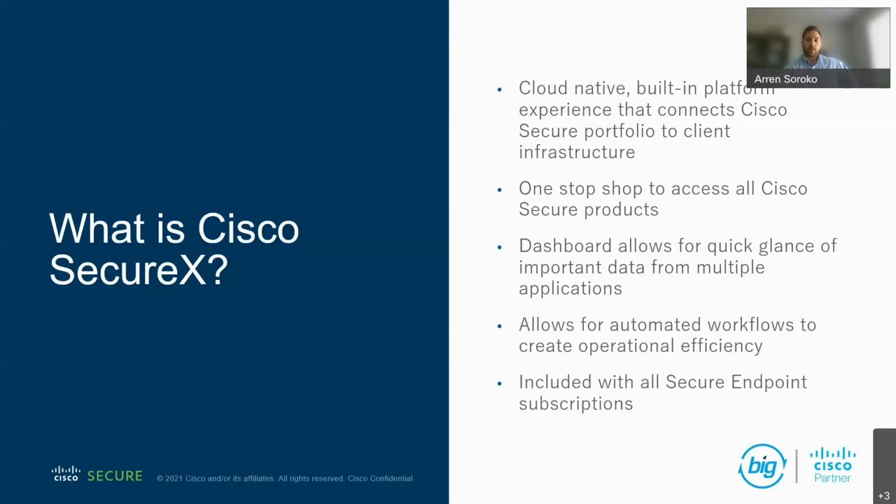But I think the really attractive thing about SecureX is that you can set up what are called automated workflows. And you can use those automated workflows to perform certain tasks when certain events occur, right? So you can set up an automated workflow to handle incoming Secure Endpoint notifications, rather than having someone manually go in and do the analysis work themselves.